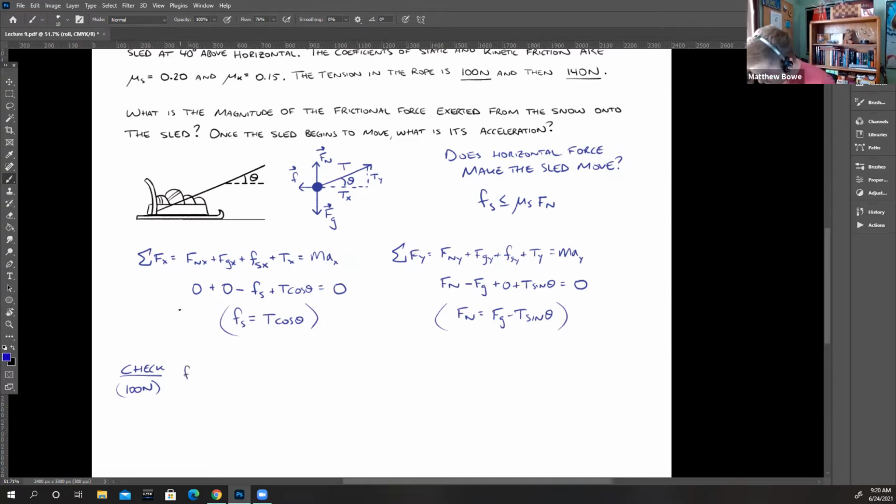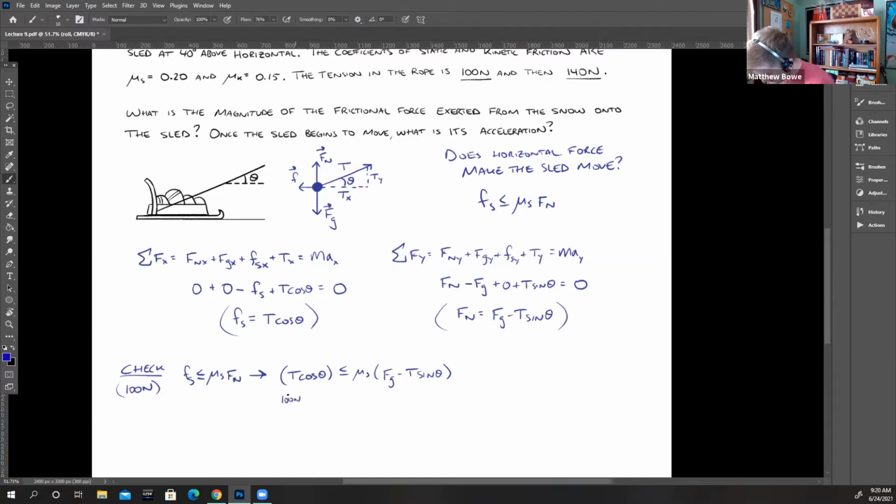Okay, so less than or equal to coefficient static friction times this. That becomes T times cosine of theta less than or equal to coefficient of static friction, F sub G minus T sine theta. And let me just input the values right underneath it so it's clear.